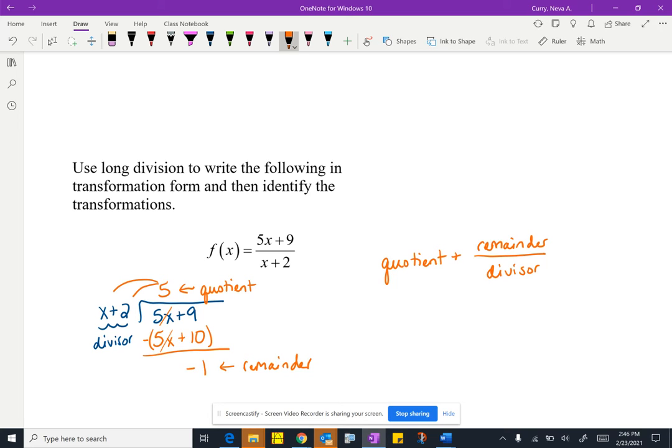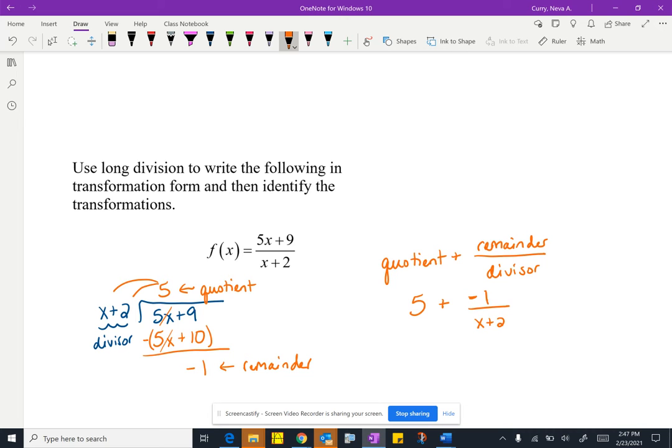Okay, so if I look at this, I've got the 5, that's my quotient, plus the remainder is the negative 1 over the divisor of x plus 2. And we've now written it in what would be considered transformation form.